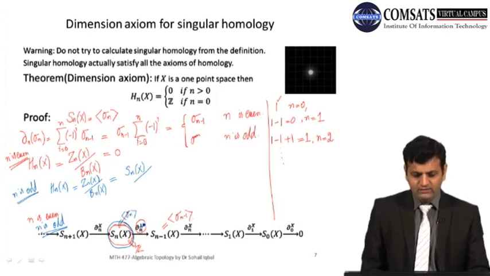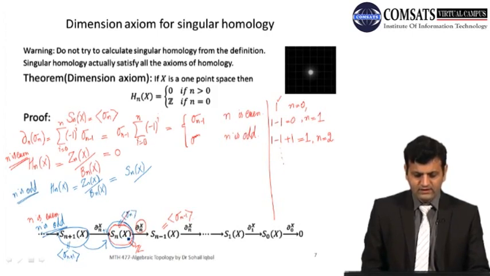So let's calculate the boundary. If n is odd, what about S_{n+1}? Then n plus 1 will be even. Now I want to calculate the elements of S_n(X) which are images of elements of S_{n+1}(X). We know that when n is even, the generator of S_{n+1}(X), which is sigma n plus 1, will go to the generator of S_n(X).